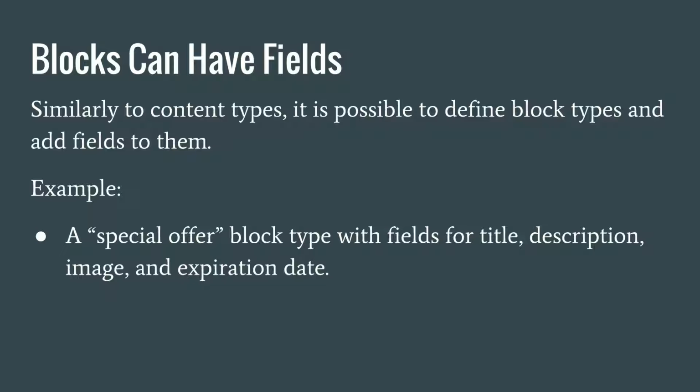So when you create a block of this type, it will be placed on your right sidebar, for example, until you reach that date. So you will present the title, the description, and the image until you reach that date. So with D8, we have fields for blocks. And in D7, you have to use a module called Bean. Any questions so far?